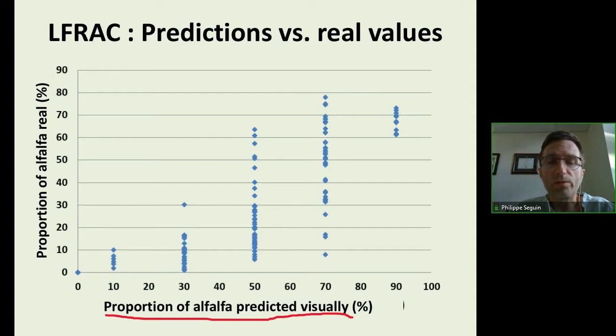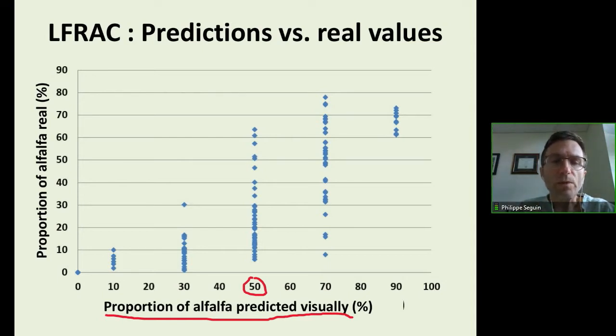Different technicians or advisors looked at the area and made a visual determination of the proportion of alfalfa. Here we'll focus on the value 50%. These people looked at the quadrat, the biomass in there, and said, well, I think that's 50% alfalfa.